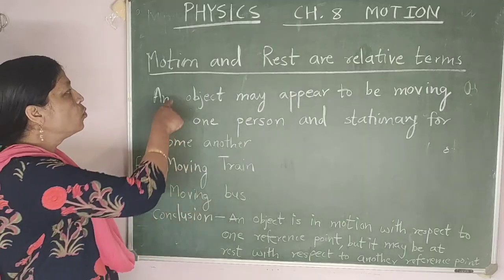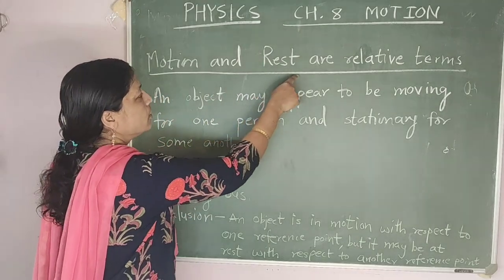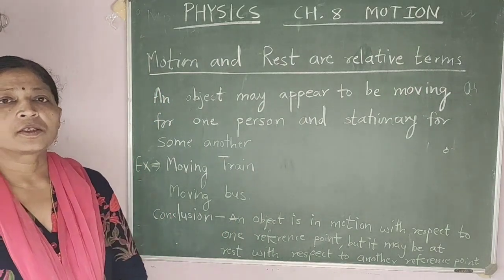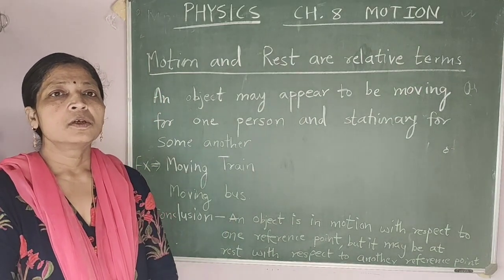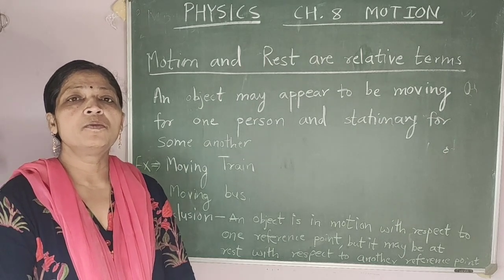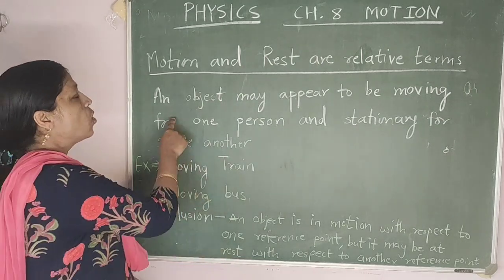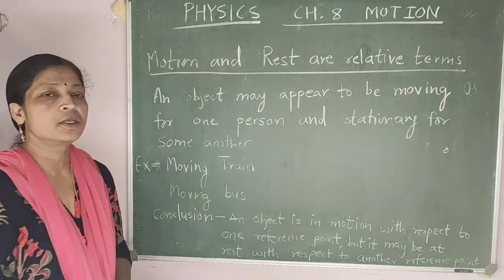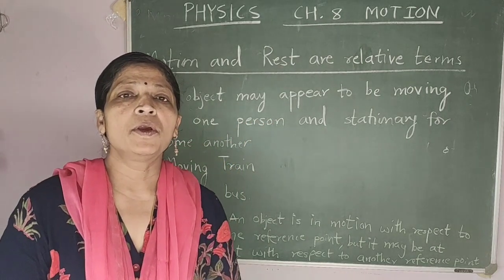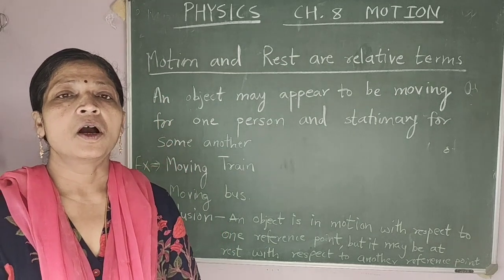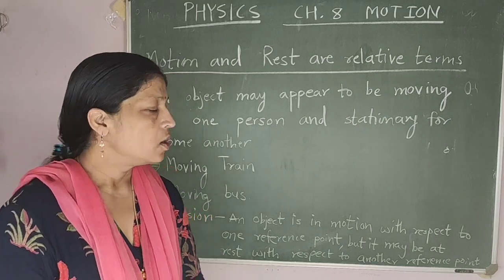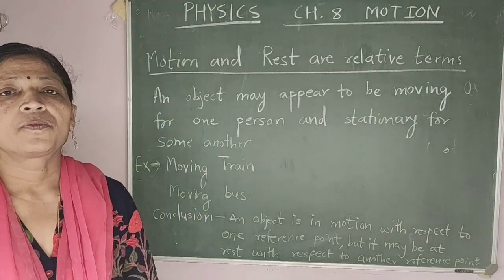Yes. Motion and rest are relative terms. What does relative term mean? An object may appear to be moving for one person and it may appear stationary for another person. Take an example of a moving train.